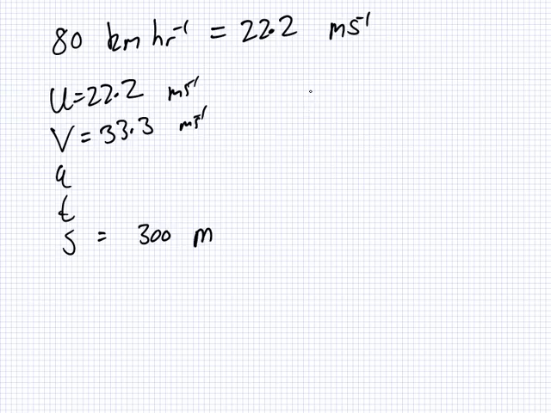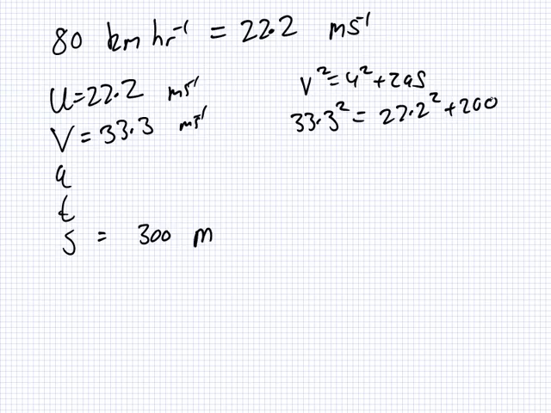So we'll go with V squared equals U squared plus 2AS. 33.3 squared equals 22.2 squared plus 200A. What I'm doing first is getting the A. Can't you get the T first? Whichever you prefer, it doesn't matter.